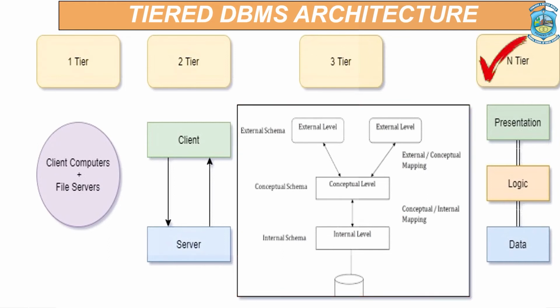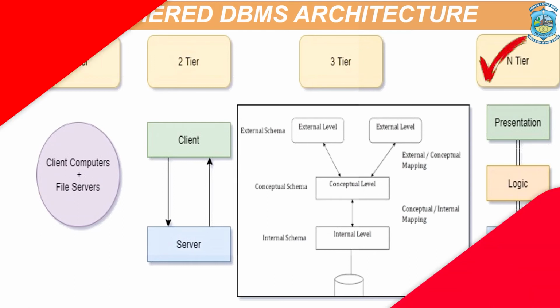Depending upon the complexity and uses of the DBMS, we can still divide these layers into different levels. So we have n number of tiers or levels. The basic idea of an n-tiered architecture is to have a clear separation between the presentation, the logic, and the actual storage of the data. This is why we have these many kinds of tiered architecture.